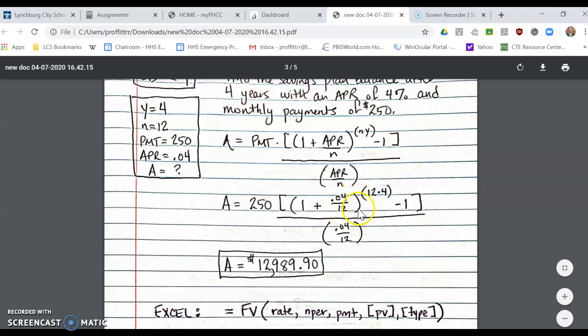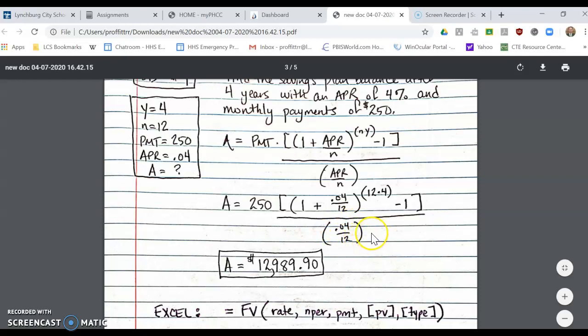Close your set of parentheses, raise it to the power of N times Y. So the N is 12 and the number of years is 4. Close your parentheses there and subtract 1. Close your parentheses. That whole thing divided by parentheses 0.04 divided by 12, your APR divided by your N.